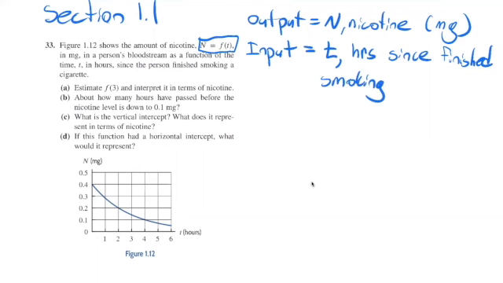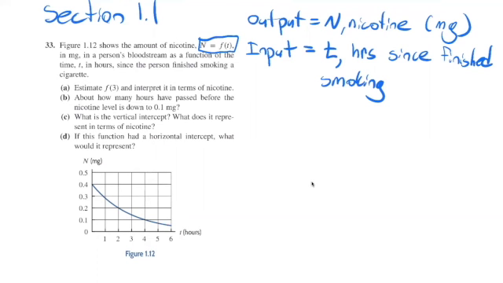Taking an overall look at this graph, we could make a general comment that as the time since you've smoked goes on, the amount of nicotine in your body goes down. That makes sense. Your body is metabolizing the nicotine as time goes on.